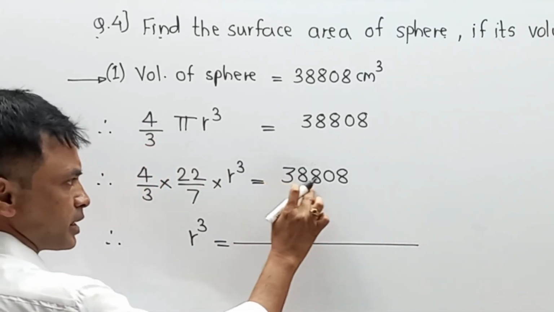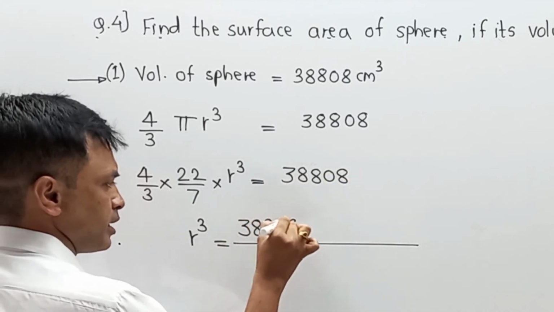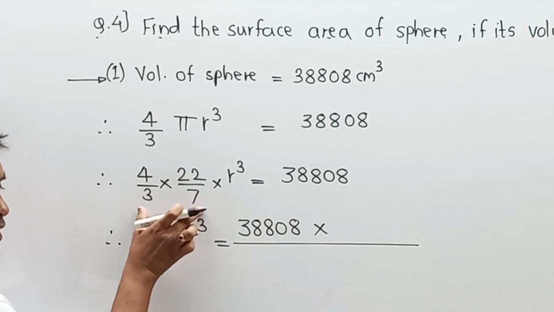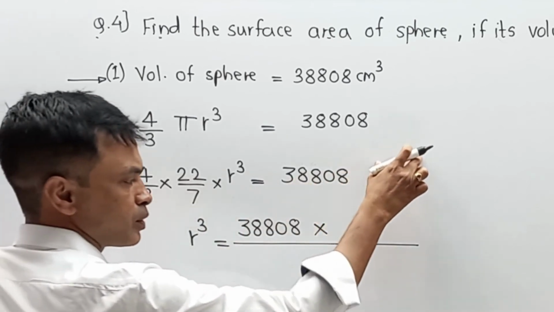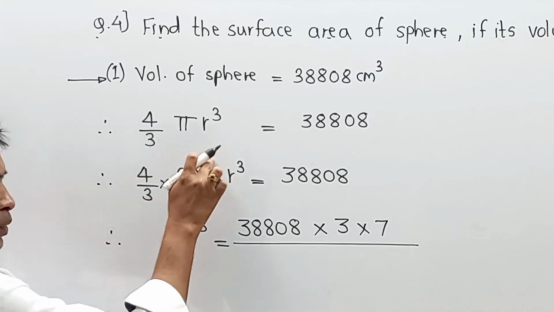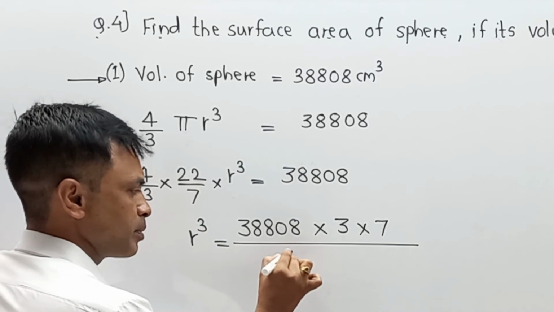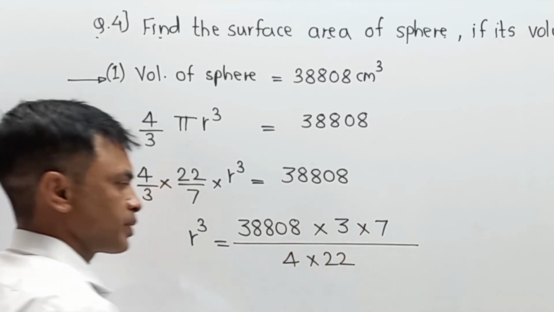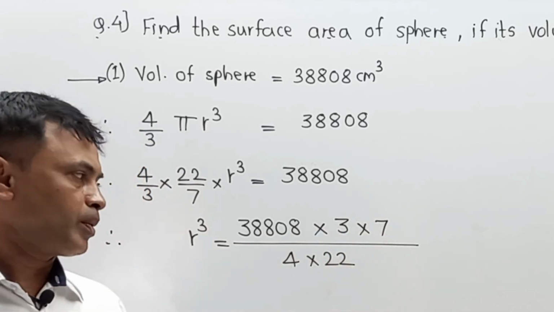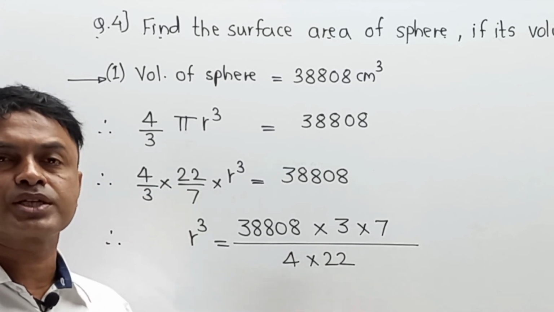Now the part is 38,808 into, now student remember this part, 3 into 7, this term is divided over here, so it goes over here as multiplied, so 3 into 7, and this 4 into 22 which is multiplied at the numerator comes to this side as divided, so 4 into 22. Now the simple part is that 3 into 7 is already in simple form, 4 means 2 into 2 and 22 means 11 into 2. These all logics are very simple.